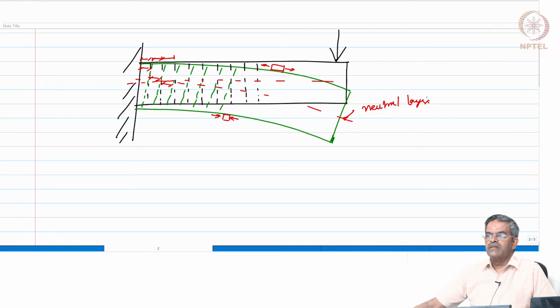Okay. So, that is a very interesting assumption, that the plastic analysis does not permit any shear strain or warping on the cross sections.